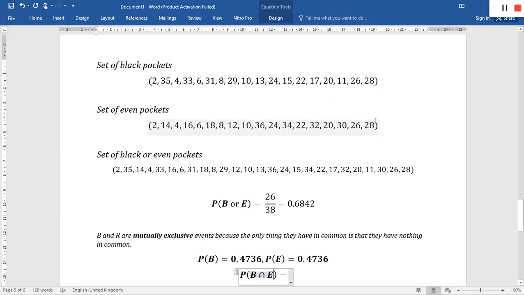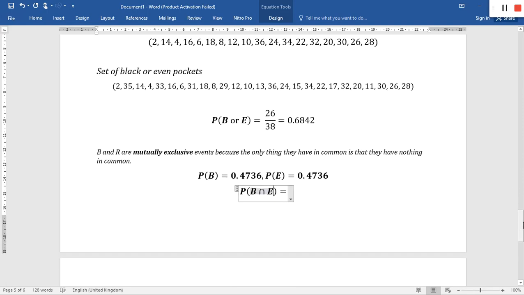And we have 28, that's 9. Alright. Are you sure it's 9 we have here? We have 2, 1. We have 4, 2. We have 6, 3. We have 8, 4. We have 10, 5. We have 24, 6. We have 22, 7. We have 20, 8. We have 26, 9. We have 28, 10. So we have 10 numbers there.